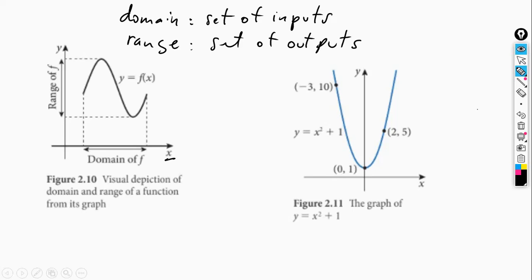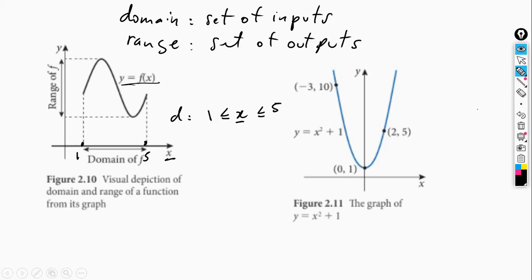So for this graph that we see here, f of x, you can see that the domain is this set of values that start at this point and end at this point for this particular graph. So let's suppose that this is 1 and this is 5. So the way you would describe the domain, you would say, well, the domain is x values such that x is greater than or equal to 1, but less than or equal to 5. So in this case, this would be the domain, and the domain describes the x values that are inputted into the function.